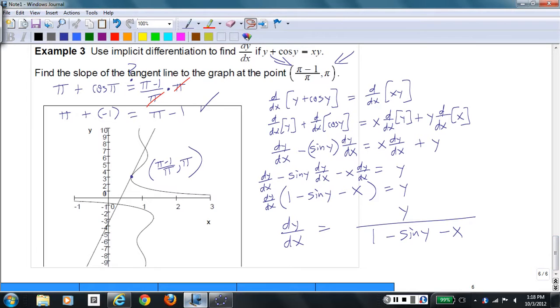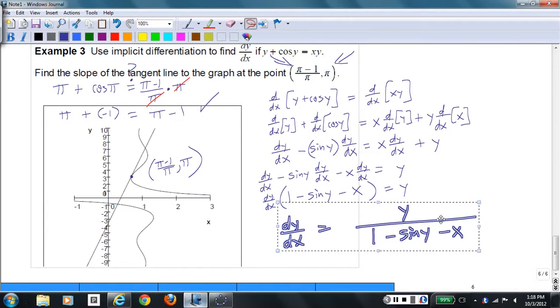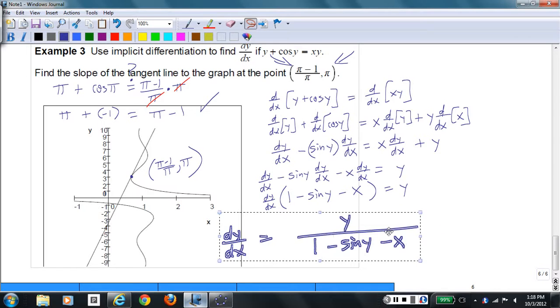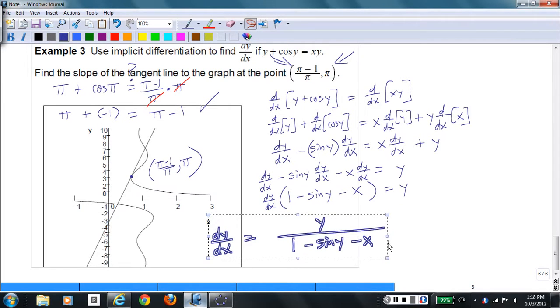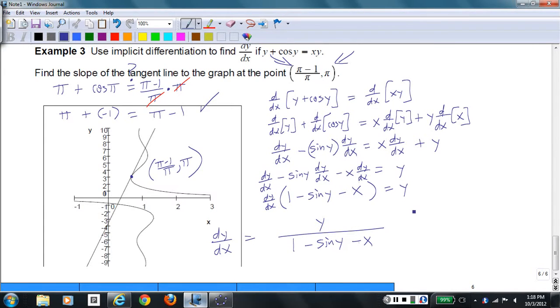So we do it. I'm going to write it like this. dy/dx where (x, y) equals ((pi minus 1)/pi, pi). I really would like to have room to say something.